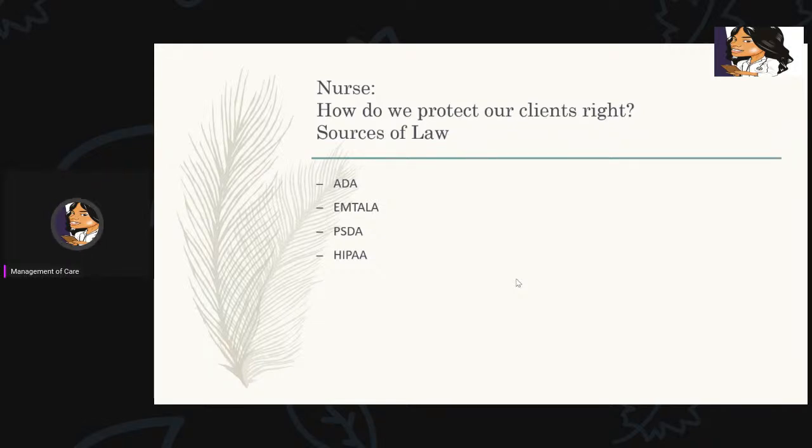So when you think of someone under the influence, this is a nurse that needs to be stopped right away. That's the first scenario, because this nurse is an immediate danger. They have to be dismissed immediately.